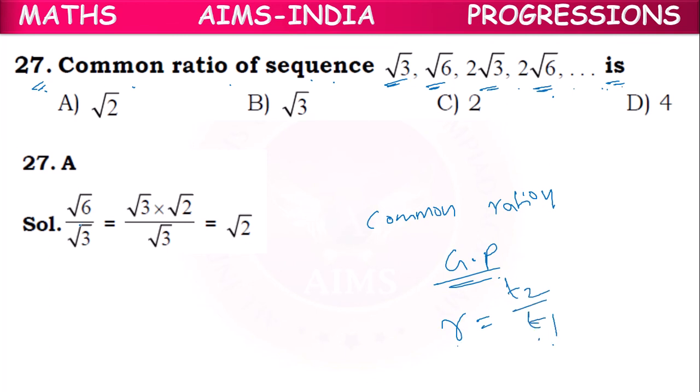Applying the formula, R equals root 6 by root 3, where root 6 can be written as root 3 into root 2, over root 3. Root 3 gets cancelled and root 2 remains. So option A is correct.